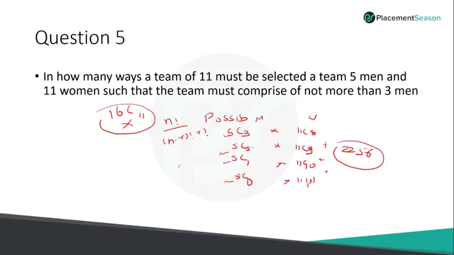Yes, 5C3, you should know how to calculate. This is nCr. This is n, this is r. You can apply this formula here. Or an easy way: reverse n, r times, 5 into 4 into 3 by r factorial, 3 into 2 into 1. This can be done in 10 ways.